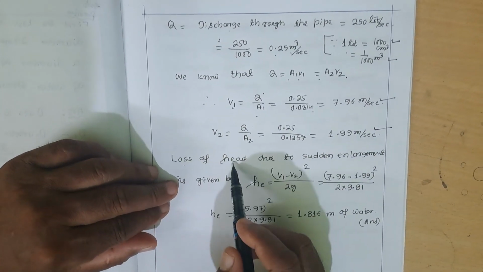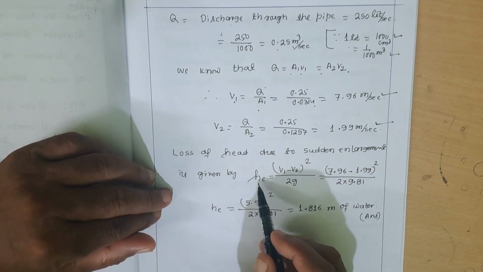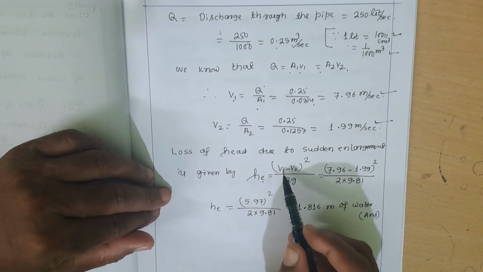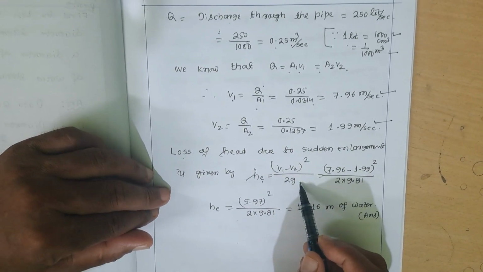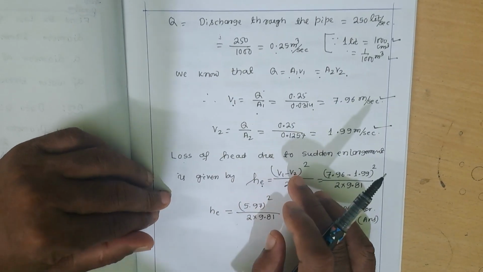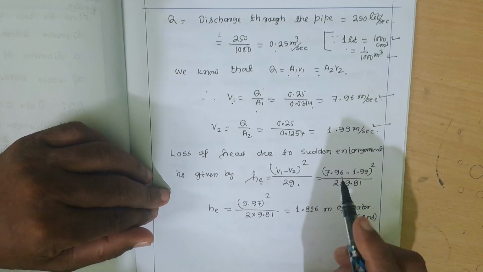Then loss of head due to sudden enlargement is given by HE is equal to (V1 minus V2) square by 2g. This is the formula for head loss due to sudden enlargement.